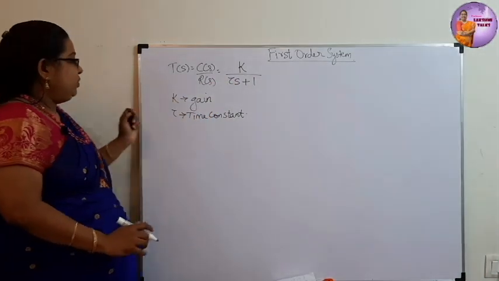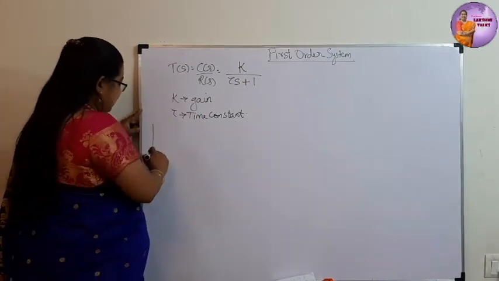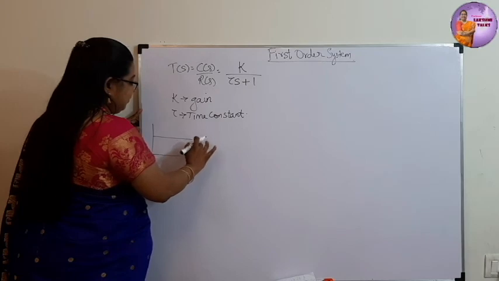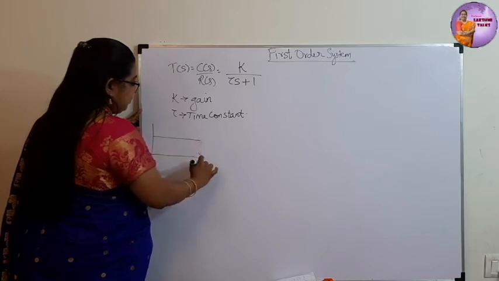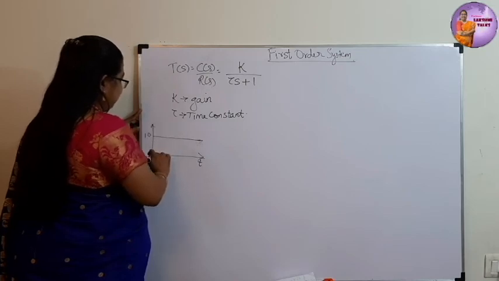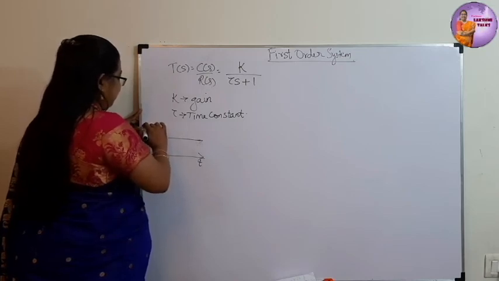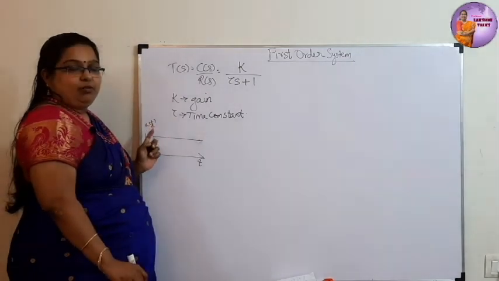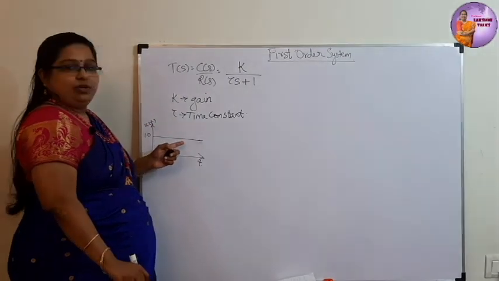Okay, what is a unit step input? We know that unit step input means u of t is nothing but 1 for t greater than or equal to 0.